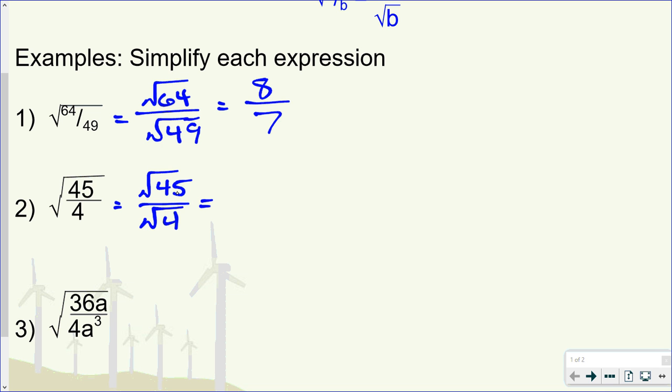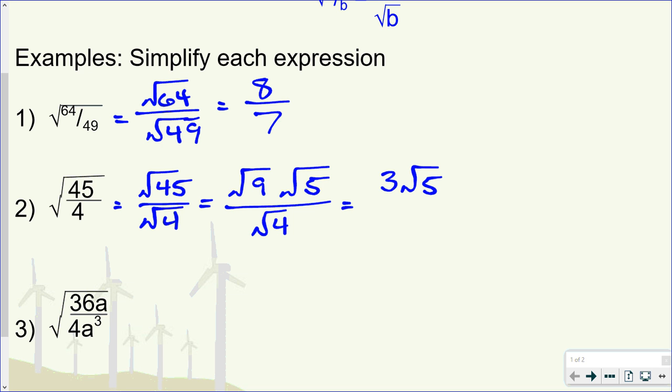And so what we would do with the square root of 45 is we would break it up into the square root of 9 times the square root of 5 all over the square root of 4, which I could have gone ahead and made that a 2, because the square root of 4 is 2. But square root of 9 is 3 times the square root of 5 over 2, and that would be your answer, because you can't simplify that any further.